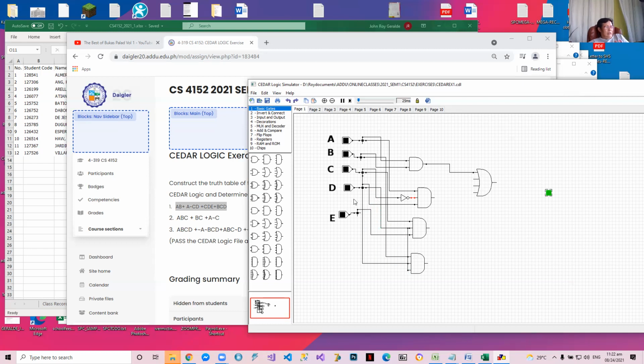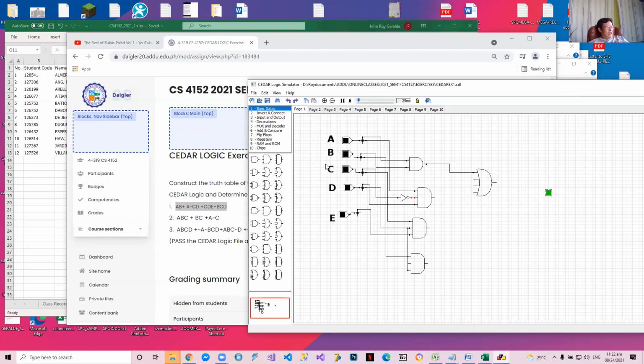We have no more D, right? Let's cut this D first. This is a C. Why don't we have a D? We only have 3 for D.